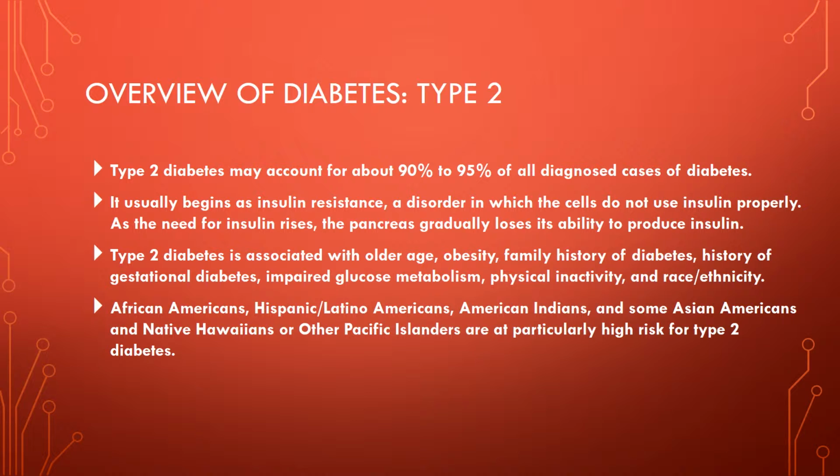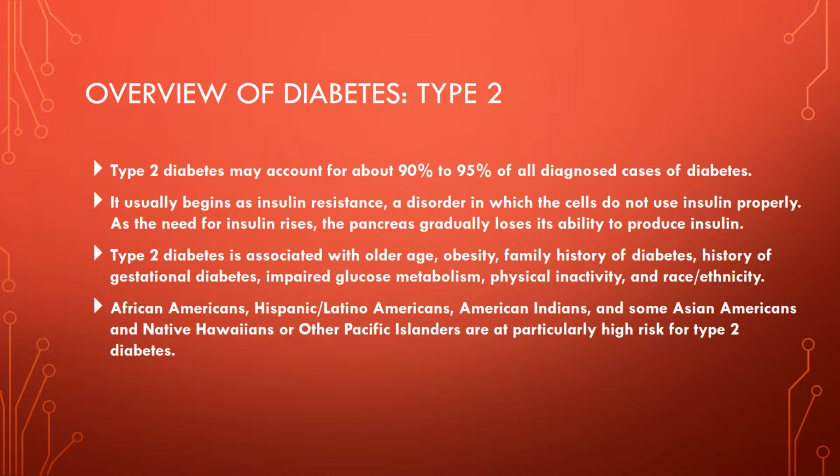So type 2 diabetes is associated with older age, obesity, family history of both type 2 diabetes and gestational diabetes, impaired glucose metabolism, physical inactivity, and there's a much higher prevalence of type 2 diabetes in particular races.